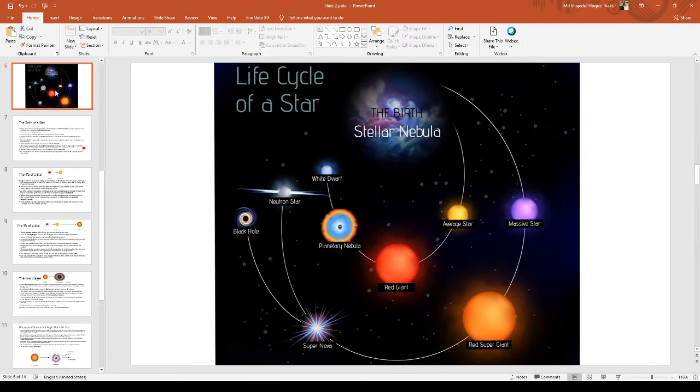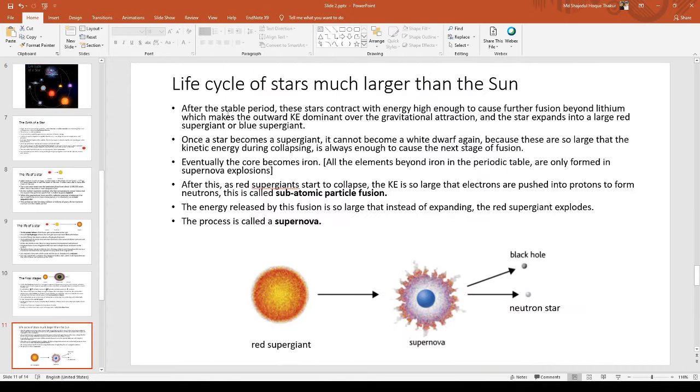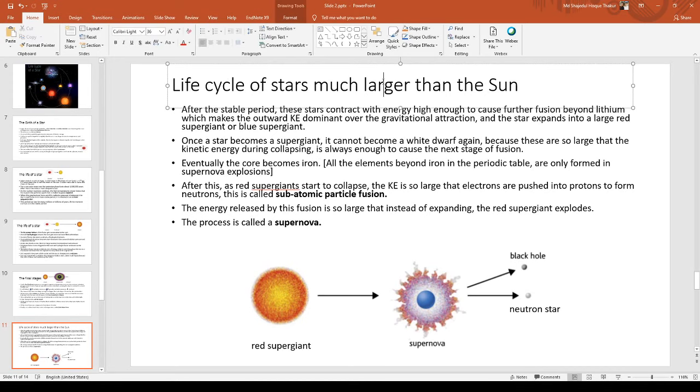So we started with this one: average nebula to average star to red giant to planetary nebula to white dwarf. Now we are studying this one: massive star to red supergiant to supernova to neutron star or black hole. So, the life cycle of stars much larger than the sun.